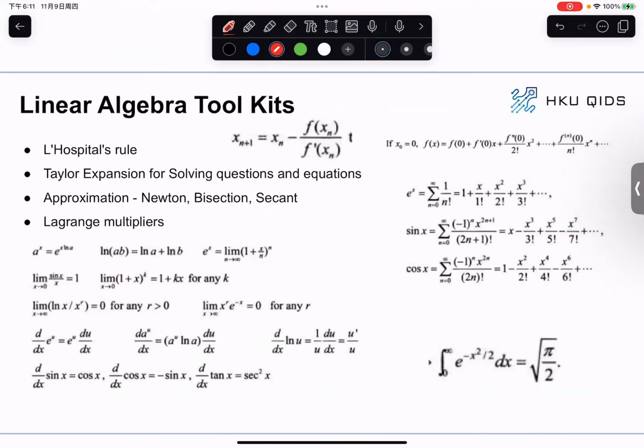And then for linear algebra, it's better for you to go over the introduction chapters by yourself. It actually suggests more than what I listed here. For example, the Hessian, the Taylor expansion, approximation methods, Newton, bisection, secant. I've actually been asked about these in real interviews, and also Lagrange multipliers.